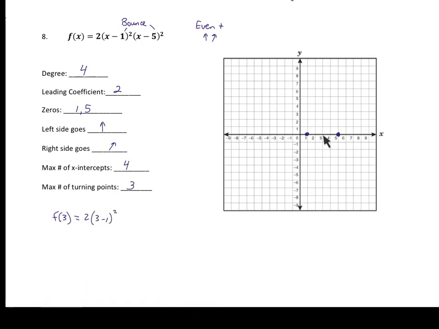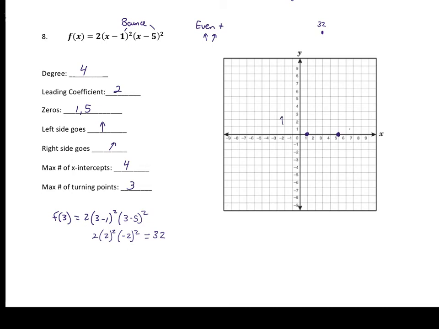Since that's in between 1 and 5, we're going to plug that in for our turning point. 2 times 3 minus 1 squared times 3 minus 5 squared is 2 times 2 squared times negative 2 squared. So when you calculate all of that out, you end up with 32. So when x is 3, y is 32.